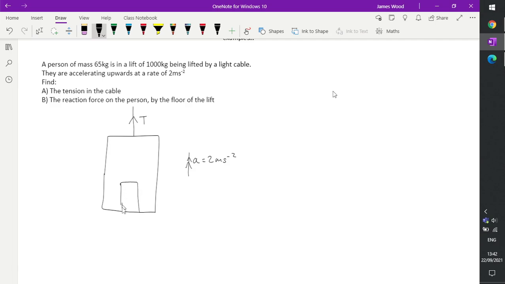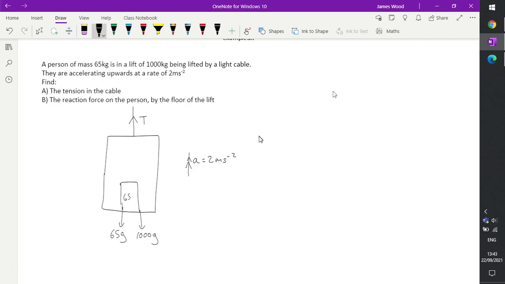So I'm just going to model them as a box. They have got their weight as a force, which is going to be 65G, or 65 times 9.8. And we've also got the weight of the lift itself, which is 1,000 kilograms. So that's 1,000G going downwards. Okay, so that's what our diagram looks like for now.